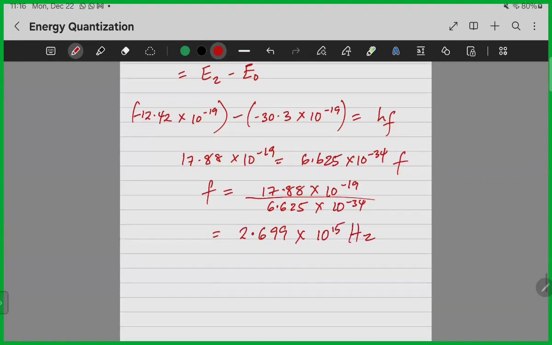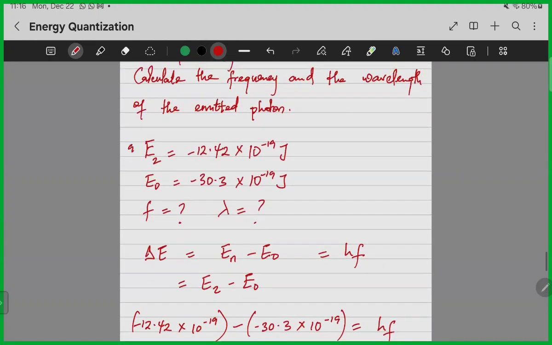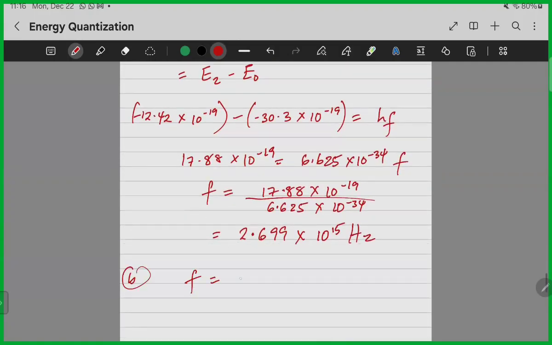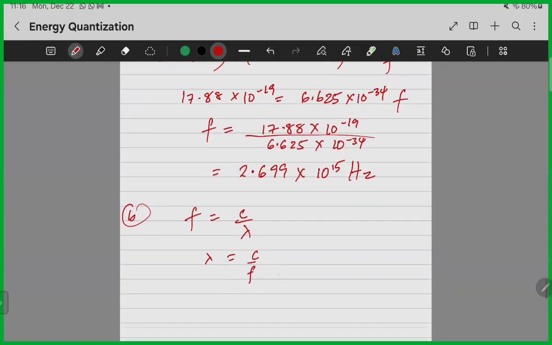That's the first part, to find frequency, and then this is to find wavelength. We know that F equals C over lambda, so lambda equals C over F. C is 3 times 10 raised to the 8, divided by 2.699 times 10 raised to the 15.